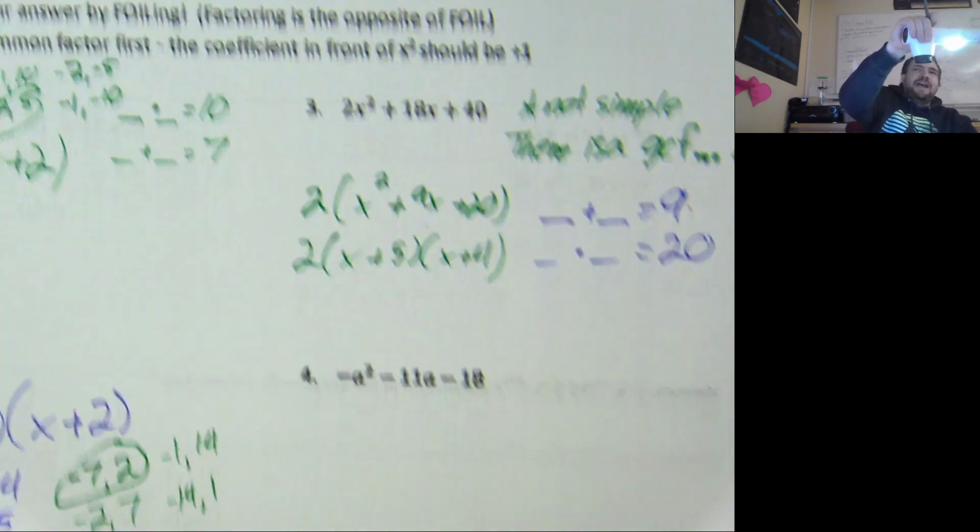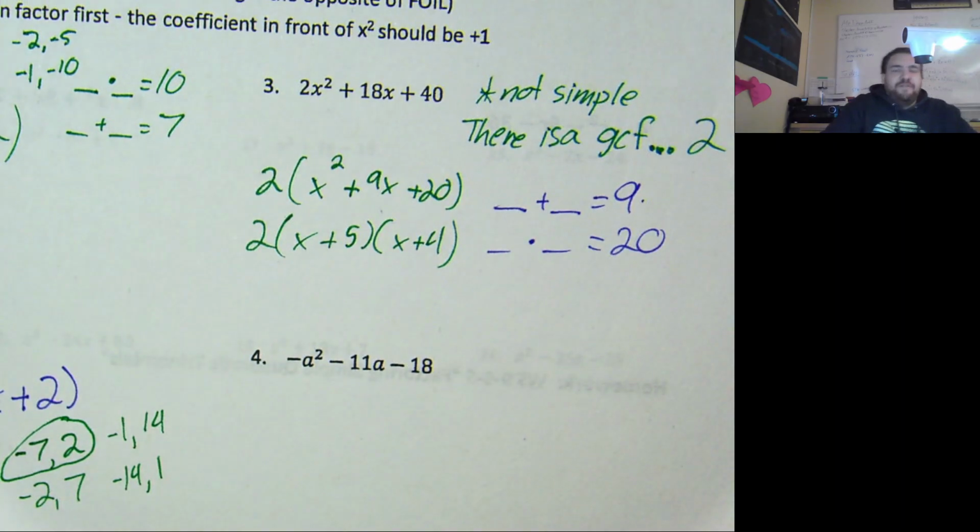Okay, number 4. Carolyn, you wanted to jump in on 4. Similar idea. This is not simple because the coefficient is not 1. So Carolyn, take us away.